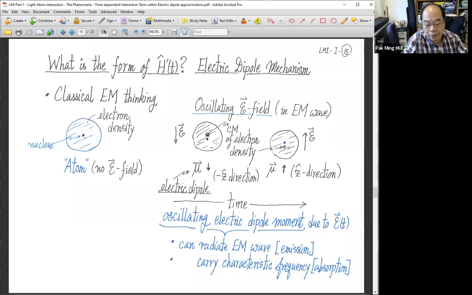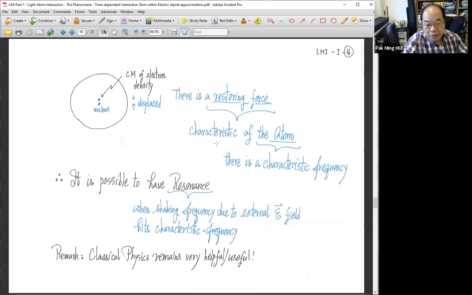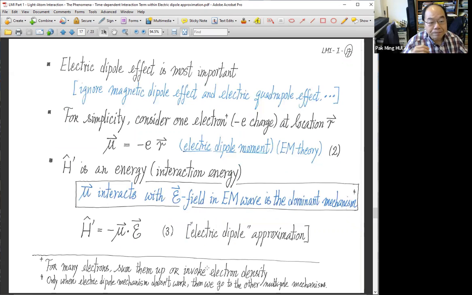That is resonance, right? So this is what I just said. A remark is that even classical physics remains very helpful and useful. So let's go on to write down a Hamiltonian for this interaction.